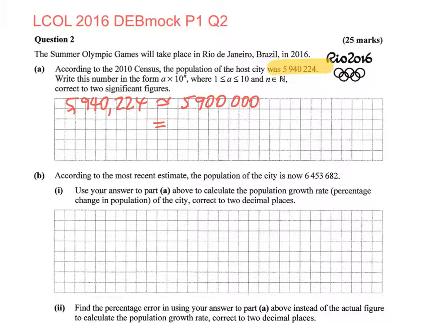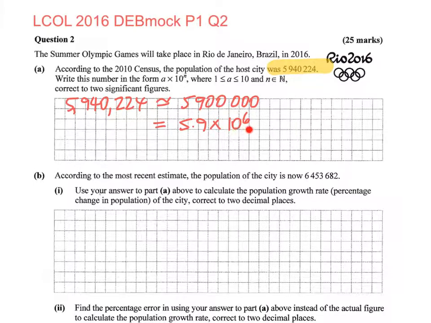What do I times by 10, or by 100, or by 1,000? How many times do I times by 10? Well, how many decimal places would I move to go from here to here? I'm moving 6 places. So it's 5.9 times 10 to the power of 6.